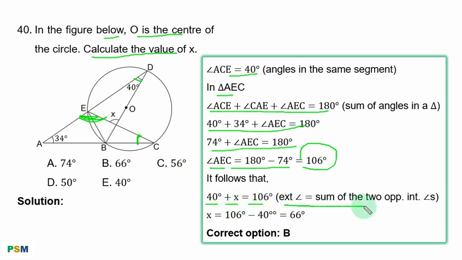You have the reason. Therefore, S is equal to 106 degrees minus 40 degrees, and you have 66 degrees. The correct option is B.